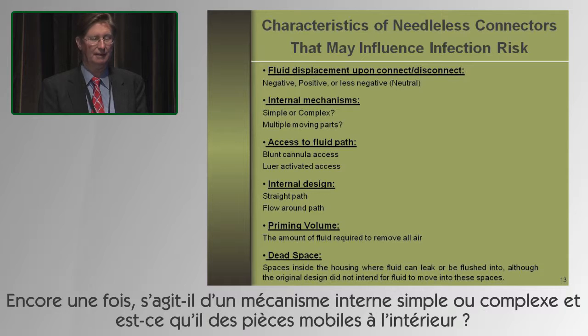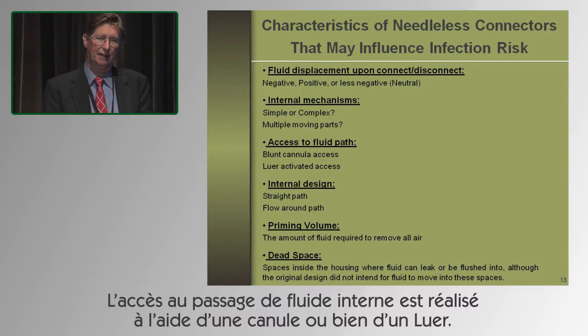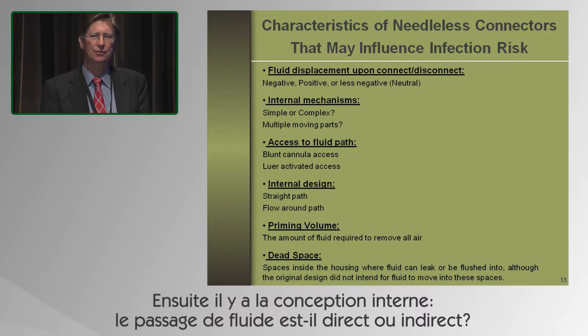And again, is that internal mechanism simple or complex? And are there moving parts? Access to the fluid path, again, either blunt cannula or luer access. And then the internal design. Is the fluid path a straight fluid path, or is it a flow around fluid path?